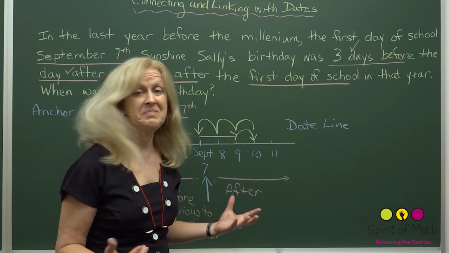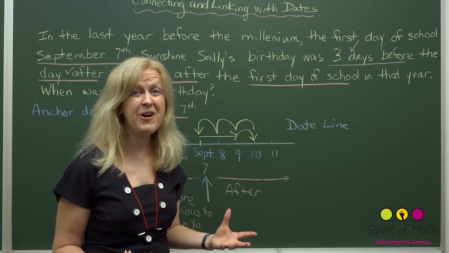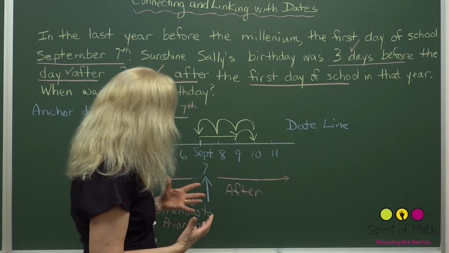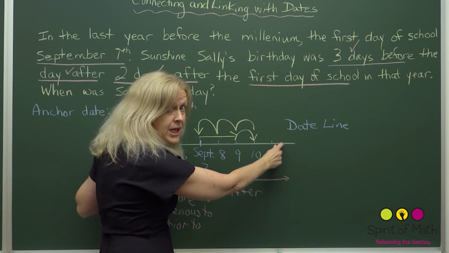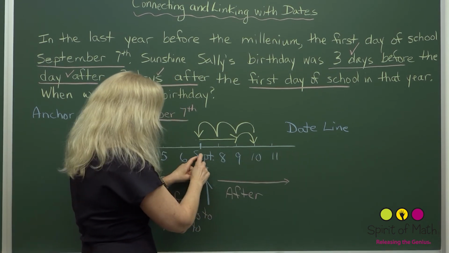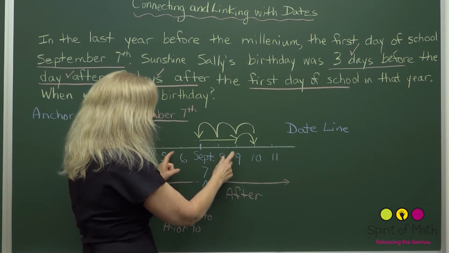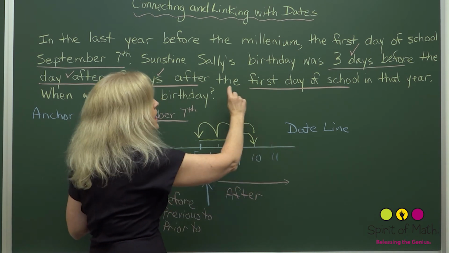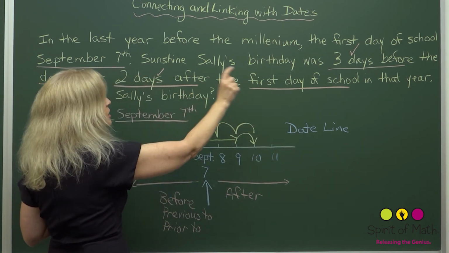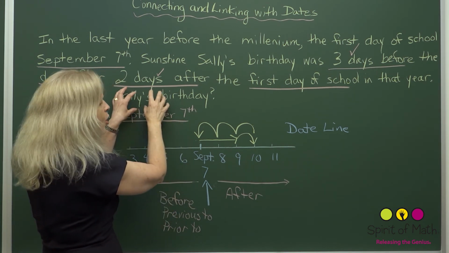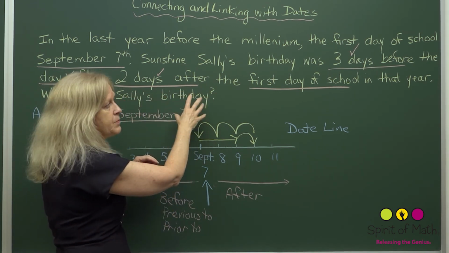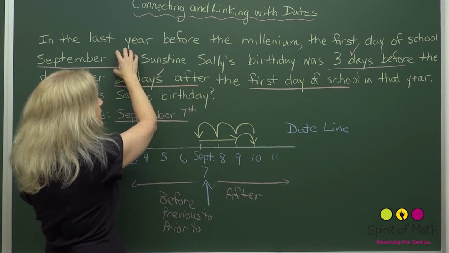And you can write your own sentence answer to say, Sunshine Sally's birthday was September the 7th on that. And that's it. Okay, so have fun with these. Basically, you always have to find the anchor. You write your date line, use a ruler, label it with your anchor, and then number everything. And then underline all the important information. And you need to start with what you know. And in this case, it was the first day of school.